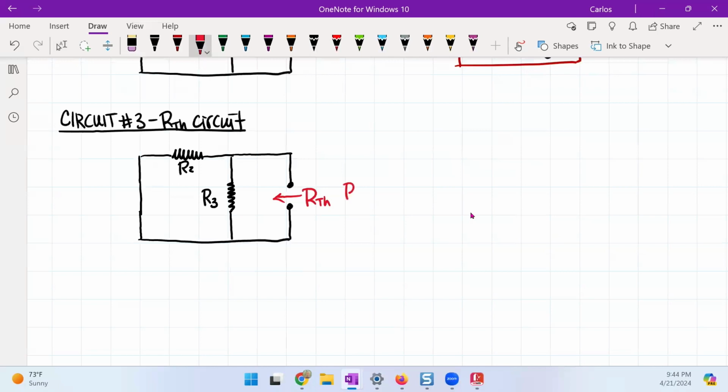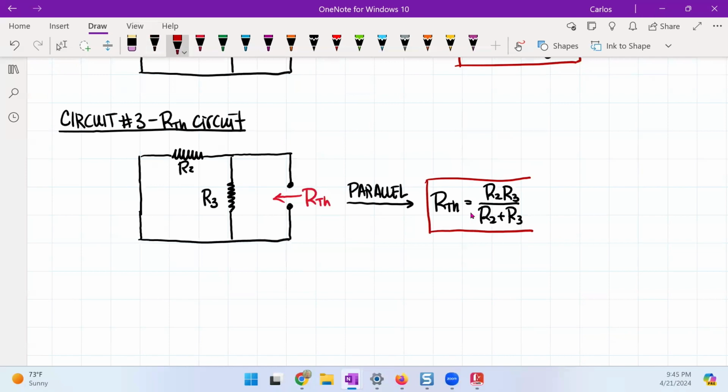So RTH has to be these guys in parallel, which will read R2 plus R3 in the denominator, and the product of the two in the numerator. So now I've solved my third circuit.